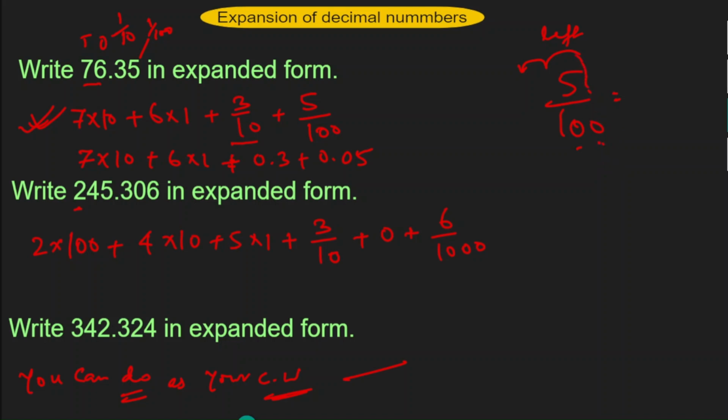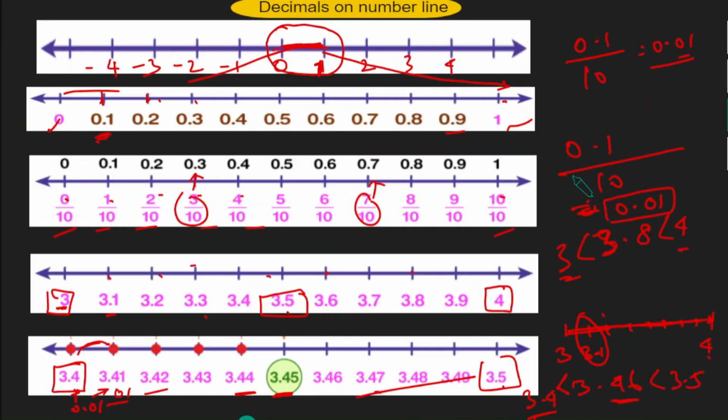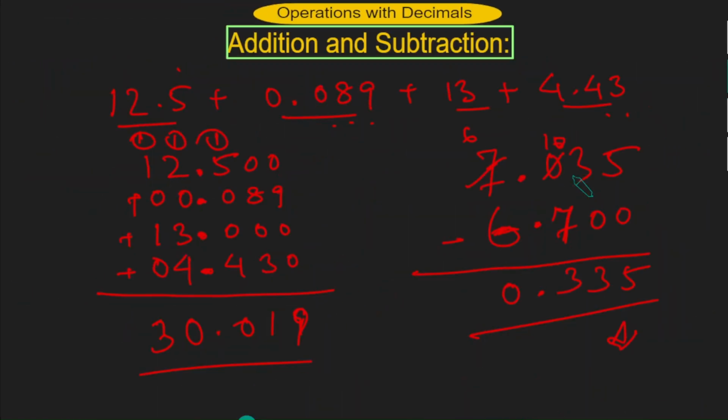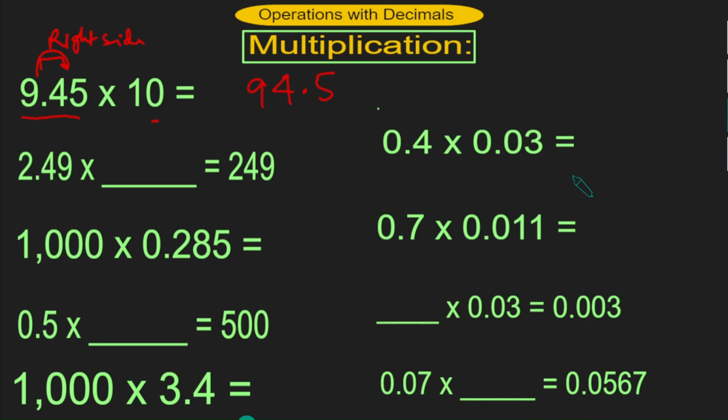Two zeros, so two places. One place, two places. For one place, there is 5. For two places, nothing is there, so we have to fill that place with 0. So the decimal point is coming over here. So it is written 0.05, isn't it? So this was already done earlier. In multiplication, what happens? We move to the right side.